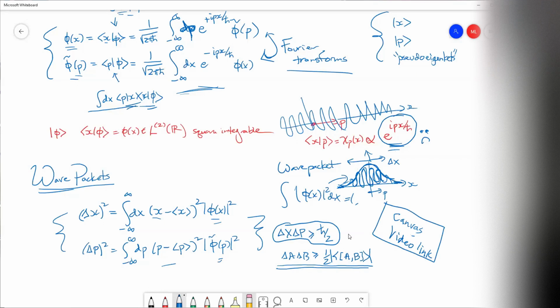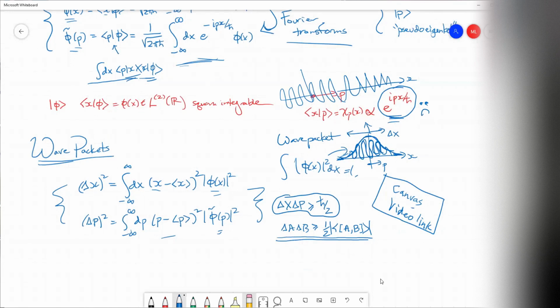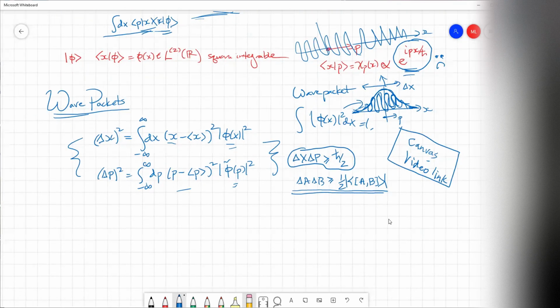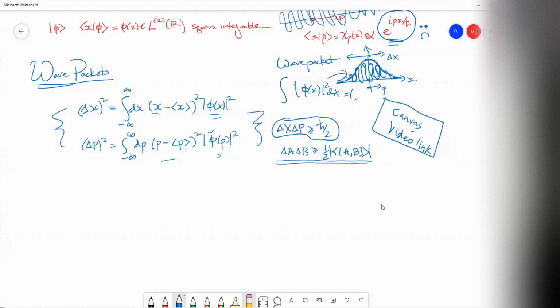If you're interested in this uncertainty relation as it connects to wave mechanics in particular, not quantum mechanics, just properties of oscillations or oscillatory phenomena. Anyway, we already derived this, so I don't have to say much more about it.